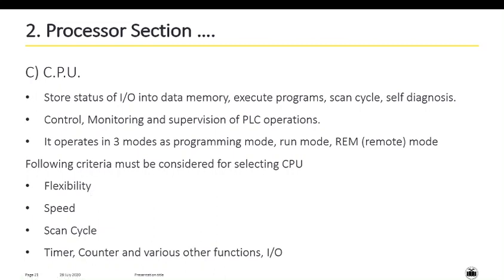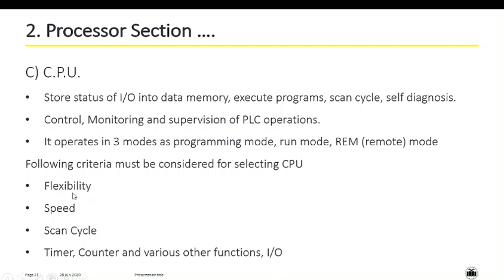Suppose I have started the plant at some smaller scale, but later the demand for my product increases and I want to increase the production. It will require some additional machinery, and just to run that machinery you will require additional input and output. But if I have selected a fixed PLC, then I would not be able to increase the capacity of that CPU.